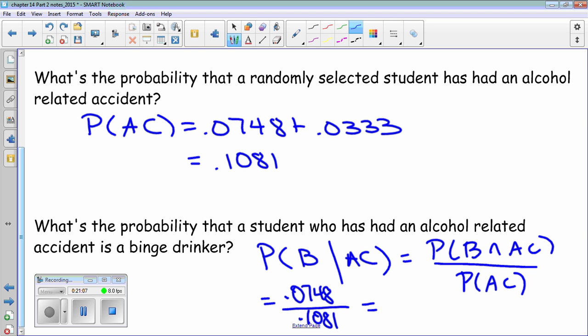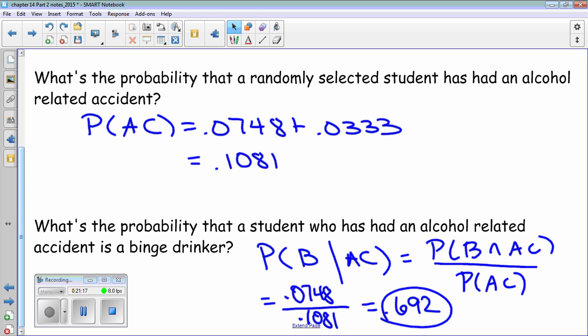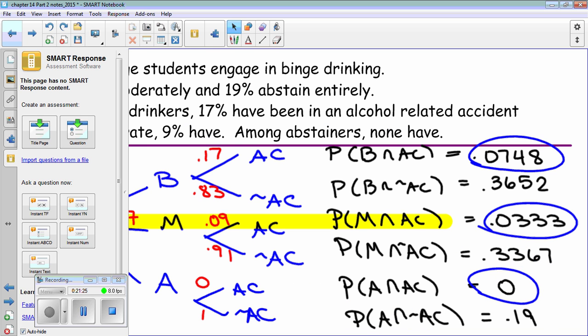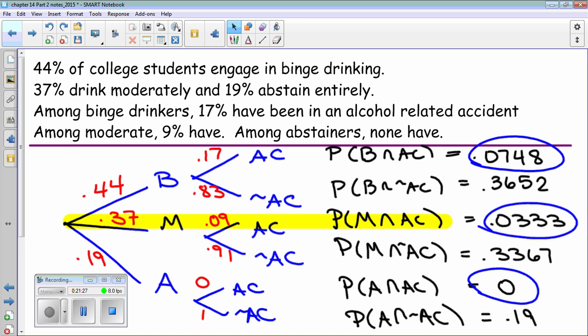You get a pretty big number. Tell me what you get. 0.69 something. 0.692? 69% of students that have had an alcohol-related accident are binge drinkers. That's pretty high. Okay? But do you see how I used my tree diagram to be able to answer those questions? Okay? All right, so what's for homework?